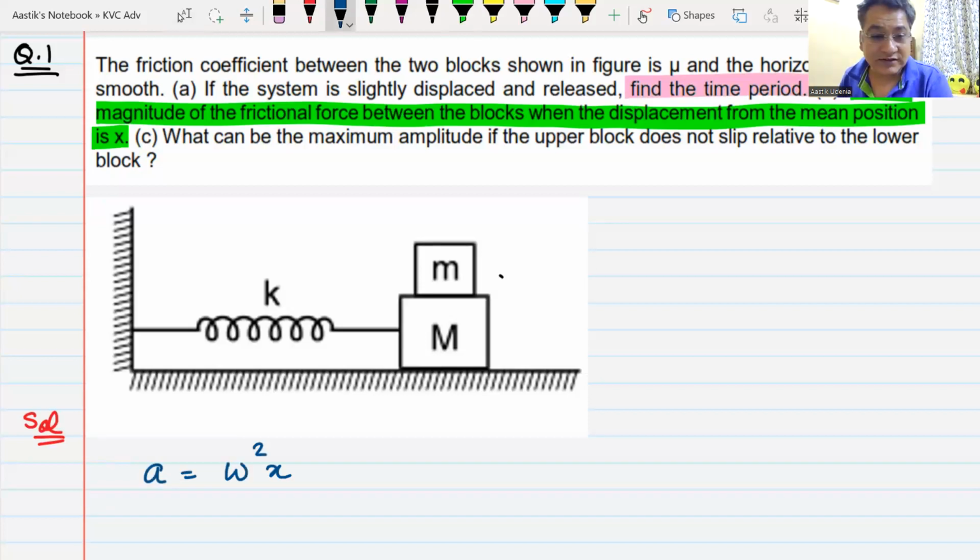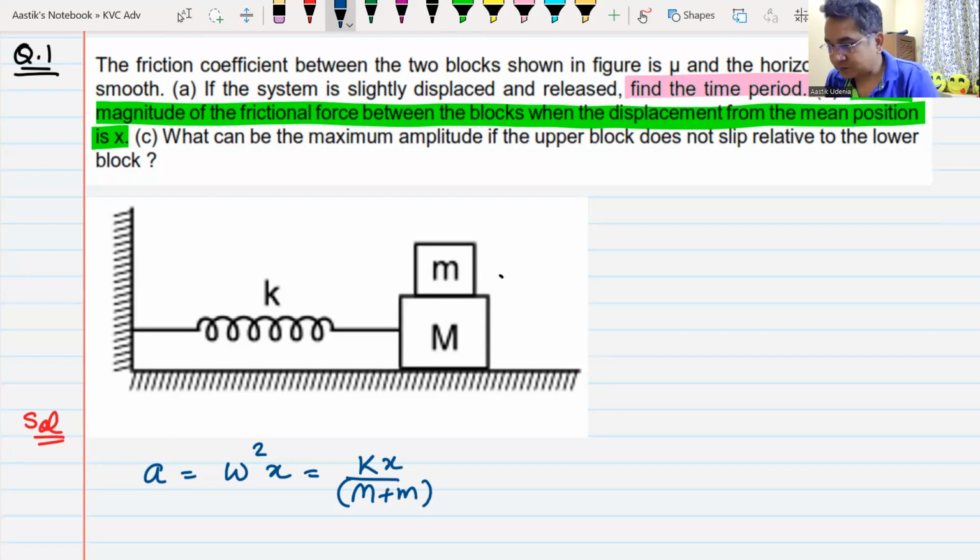And omega square is k upon capital M plus small m, multiplied by x. That is the acceleration. Yes or no?